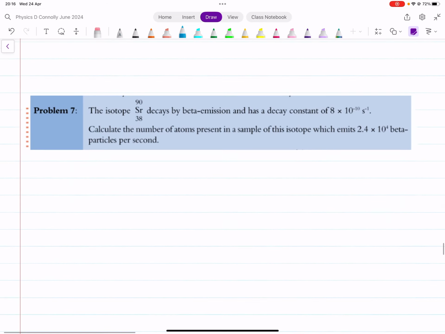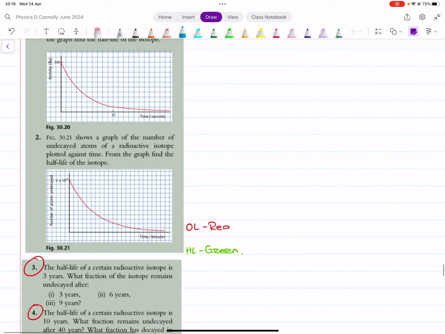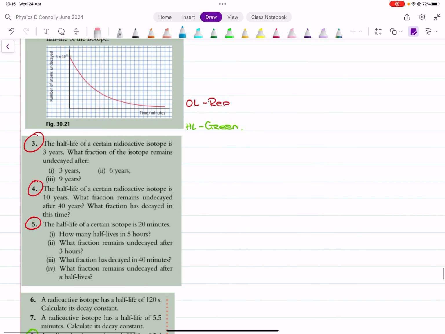Okay, so they're using the activity or the rate of decay is equal to lambda n. That is a higher level one.